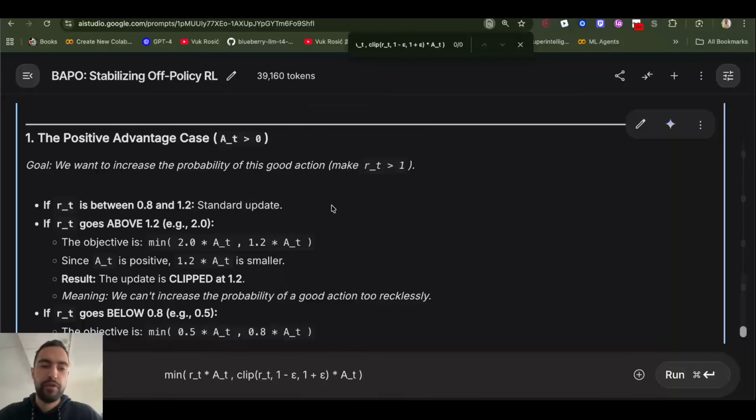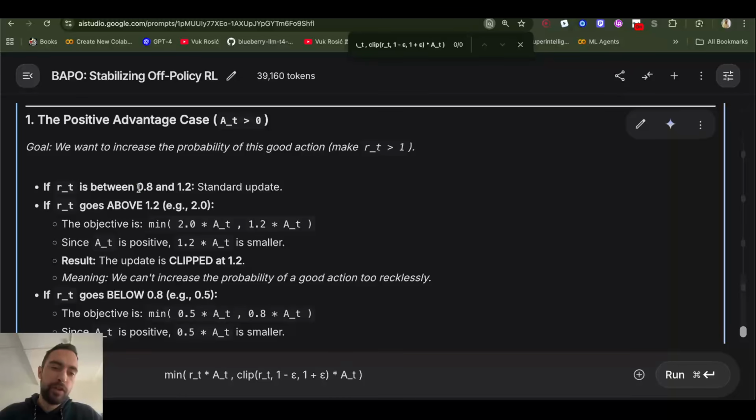Now, if for this particular token, whichever token we are looking at currently, the importance ratio is between 0.8 and 1.2, which means that the new model made this token just a bit more likely or a bit less likely than the old model.